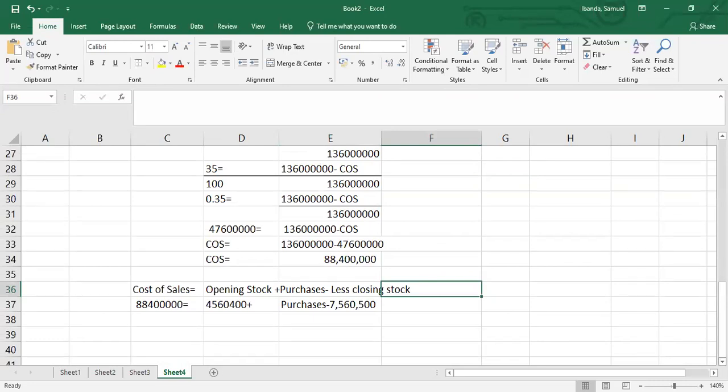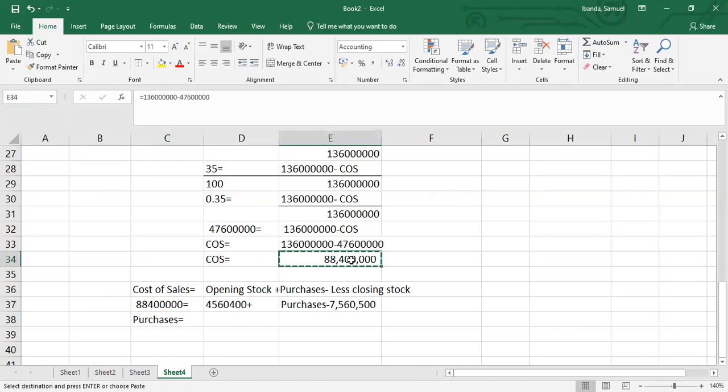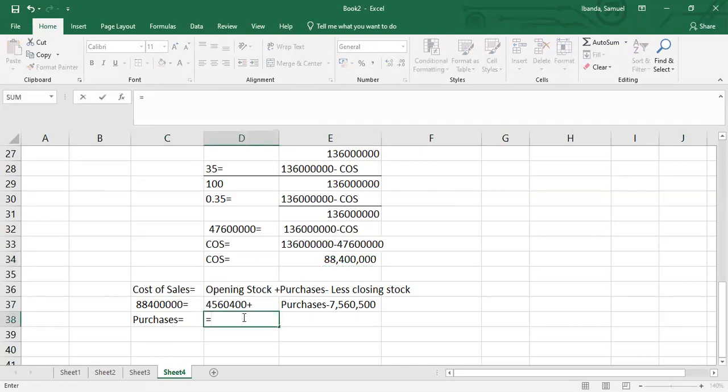So do you see how I'm getting my purchases very easily? So my purchases after a long period of time will equal the 84 million, 400,000, okay? I'm basically taking everything this other side. So 400,000 plus 7,560,000. Remember, I'm taking this on the other side because it's a negative this side, so it will be a positive this other side, okay?